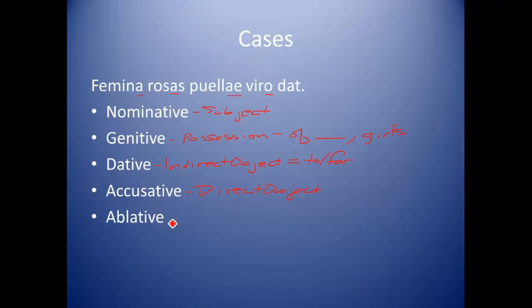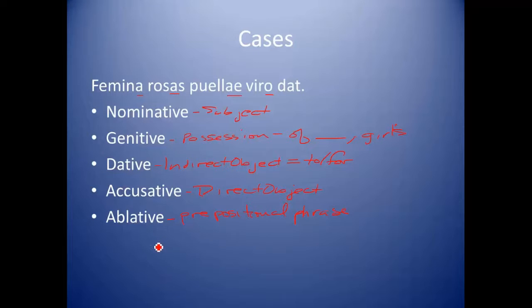The ablative can do a number of things, and I don't have it represented here, but it often shows up in different prepositional phrases. As you progress through Latin, you're going to find a number of different ways the ablative can be used in a sentence. It may at times frustrate you, but what it does is often show you some aspect of the verb.